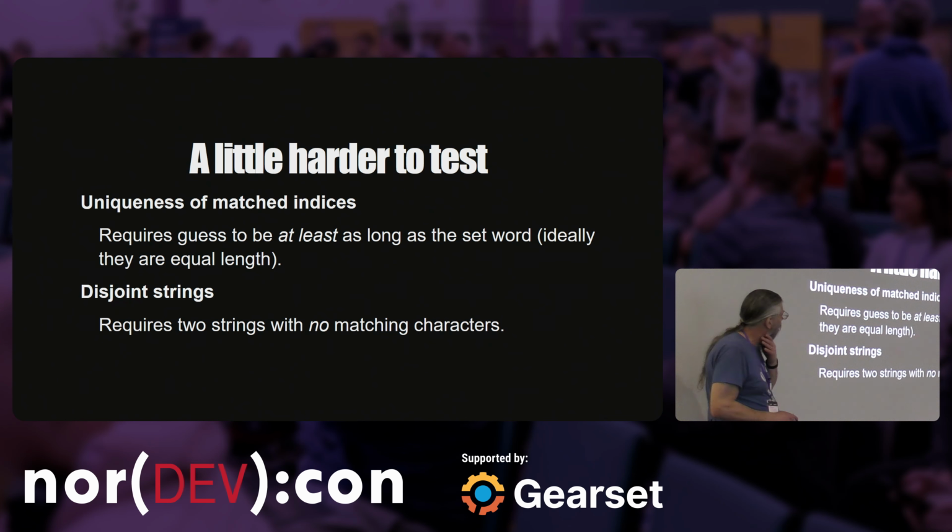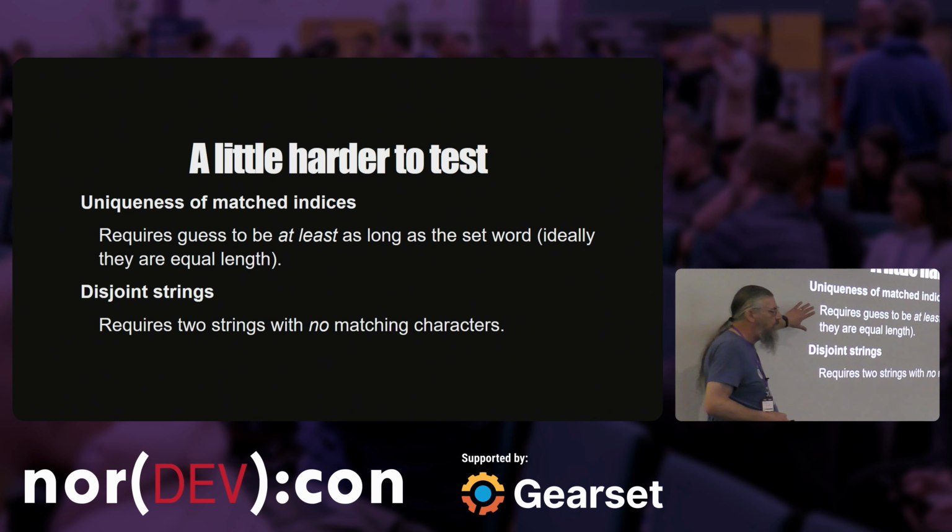So, the uniqueness of matched indexes in the output. This turns out to be a little bit harder to test because we need to curate the input data a little more. As I said earlier, this one requires both words to be of equal length. Actually, more specifically, it requires that the set word is not shorter than the guess, but that's an implementation detail.